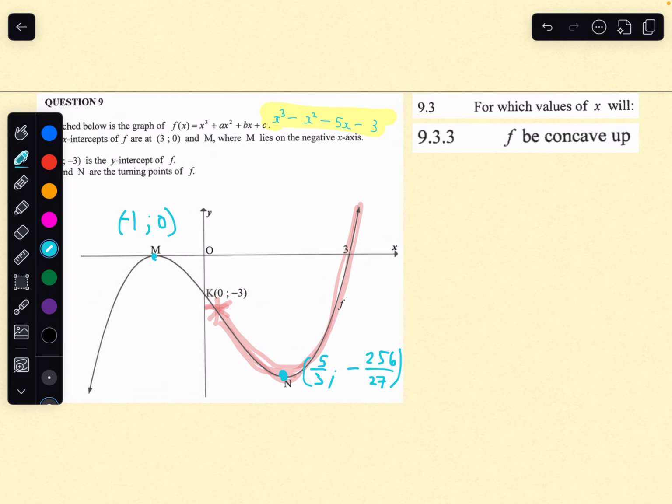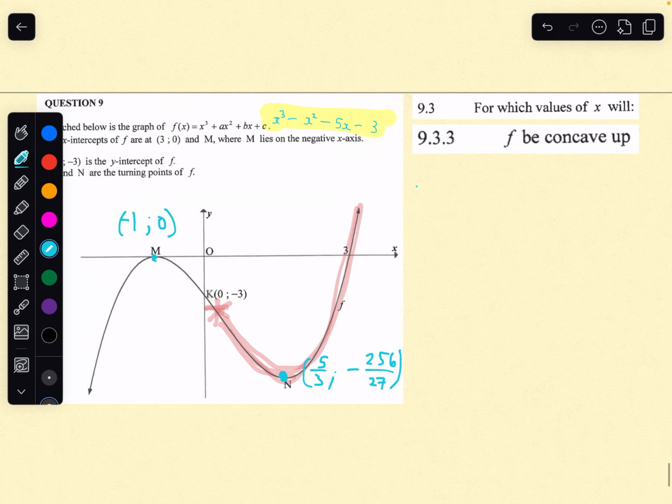I've lost my first derivative, not really in the mood to look for it, so I'm just going to do it again. So f prime will be 3x squared minus 2x minus 5. So then f double prime will be 6x minus 2.